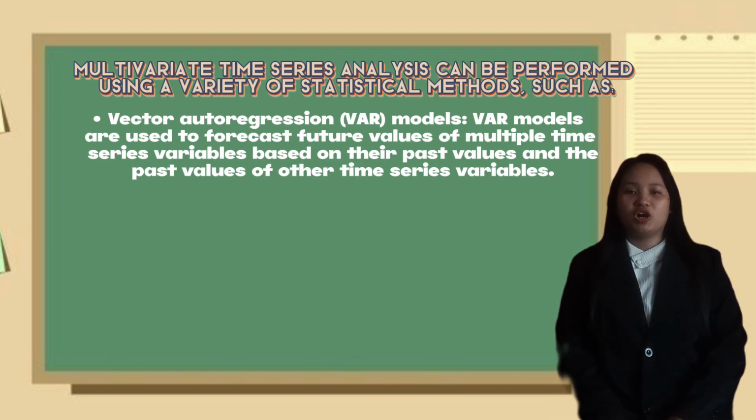Example of vector autoregression or VAR models. A financial analyst could use a VAR model to forecast stock prices and interest rates based on the past values. The model would predict future stock prices and interest rates based on the impact each variable has on the other.